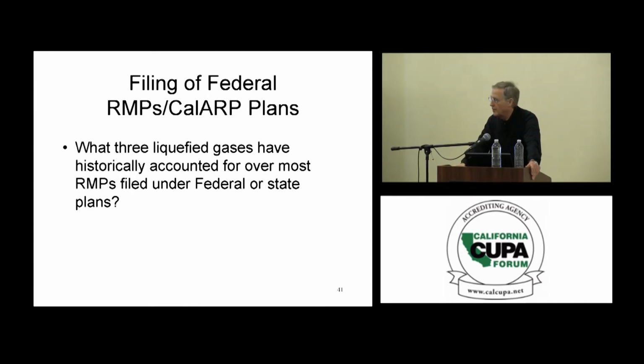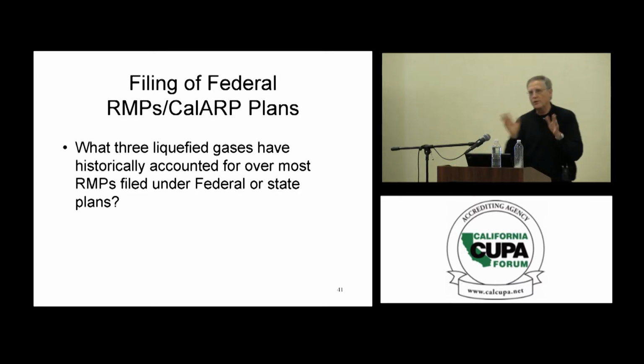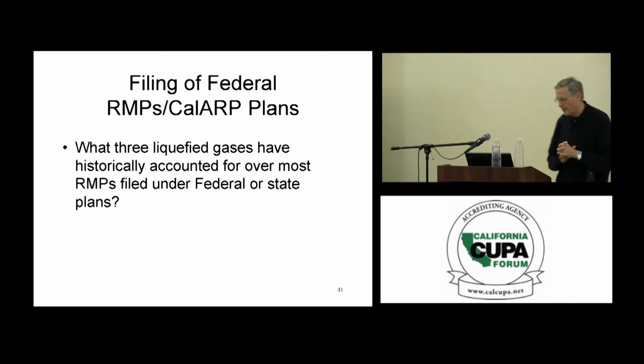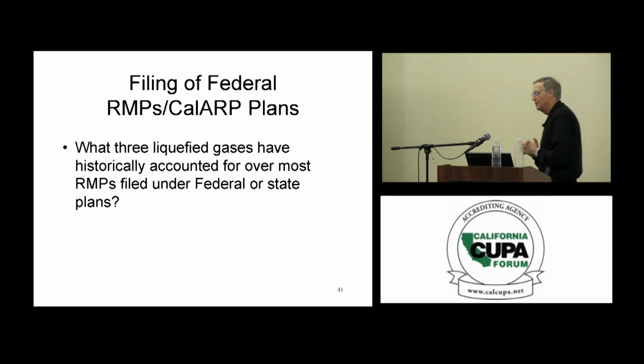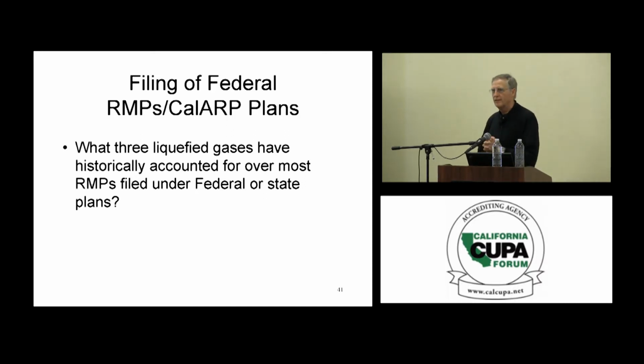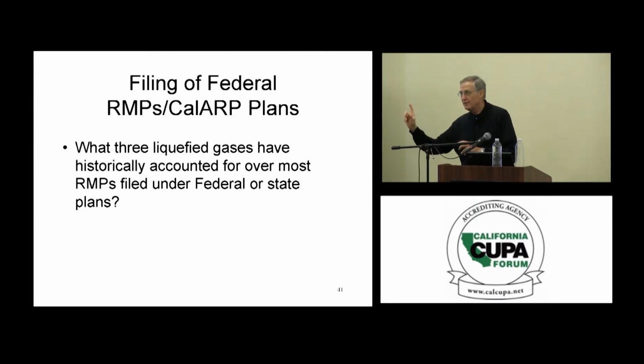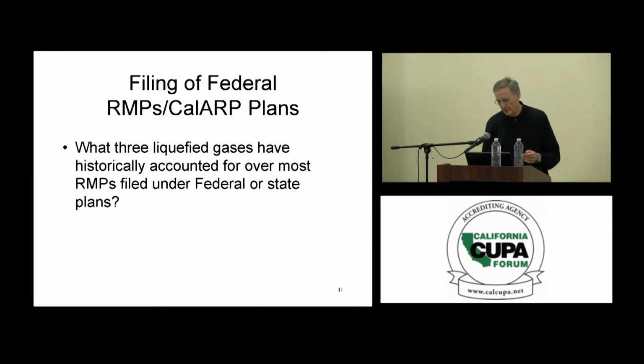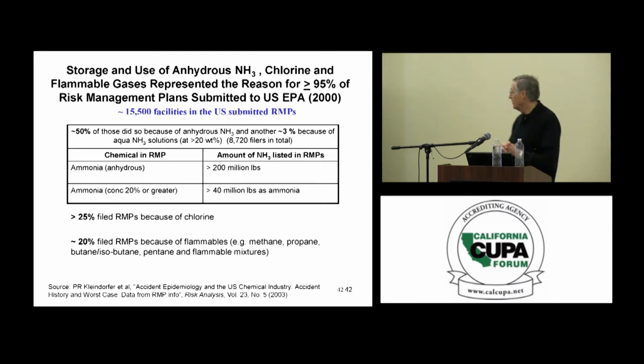Okay, now I talked about liquefied gases, so which three liquefied gases account for most of the RMPs? Chlorine, ammonia, and the third one, flammables for process use. Here are the statistics, and this was from 2000.